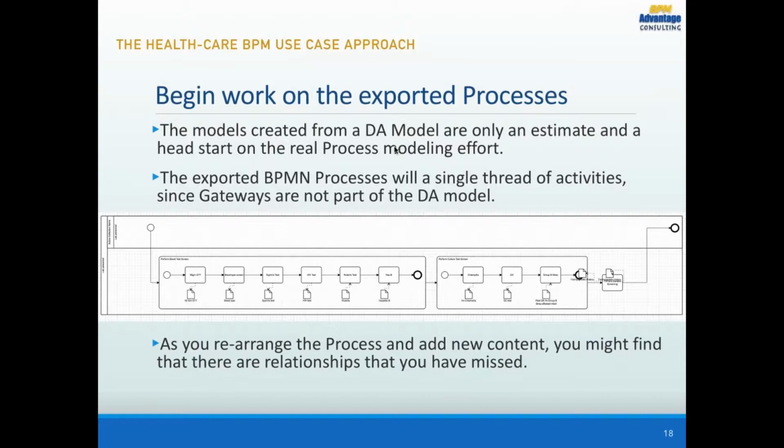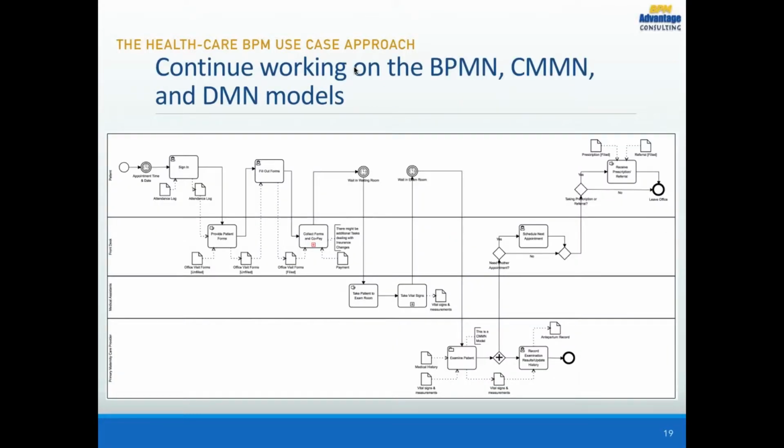It will organize things by lanes and roles, but there aren't any decisions involved in the Discovery Accelerator, at least not defined in those activity boxes. So it just kind of gives you a head start. So you're going to have to go in and rearrange the process content and still start adding decisions and more details.